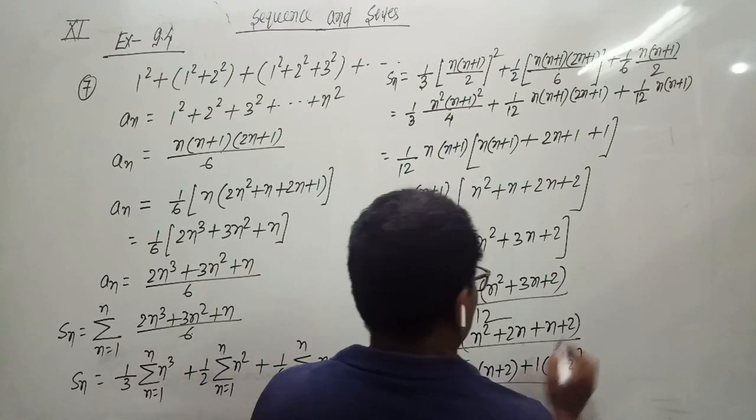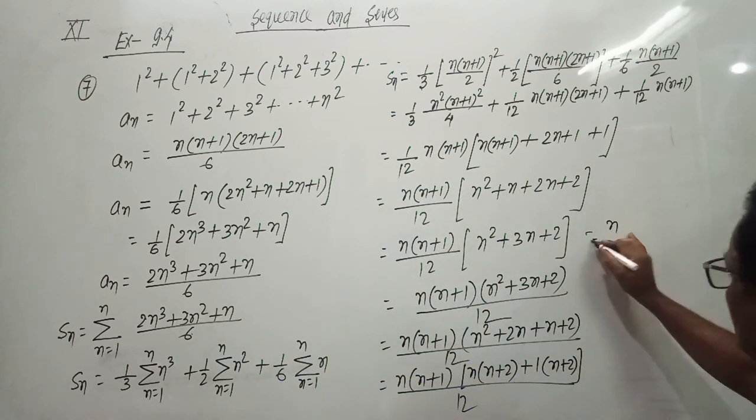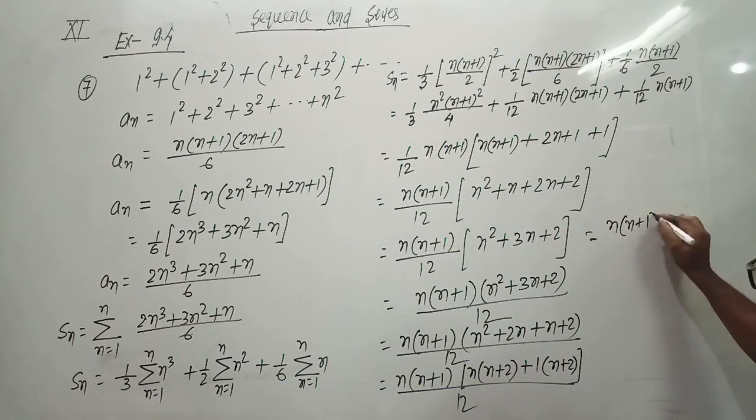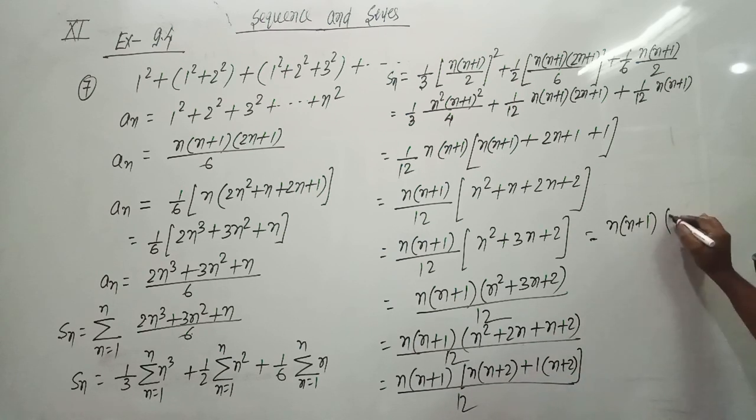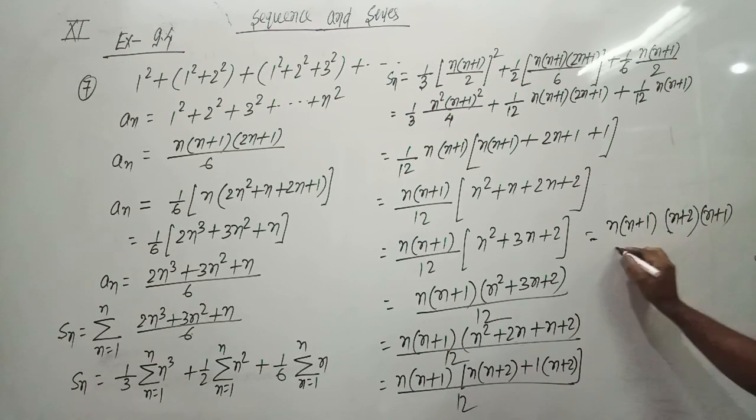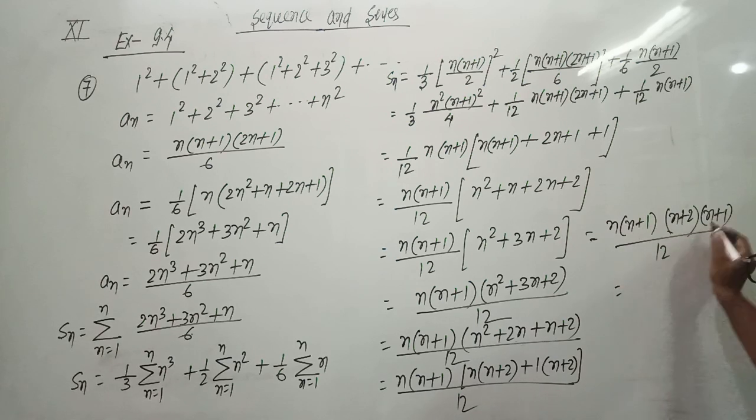So n into n plus 1. Here n plus 2 is common into n plus 1 upon 12. So n into n plus 1 the whole square into n plus 2 upon 12.